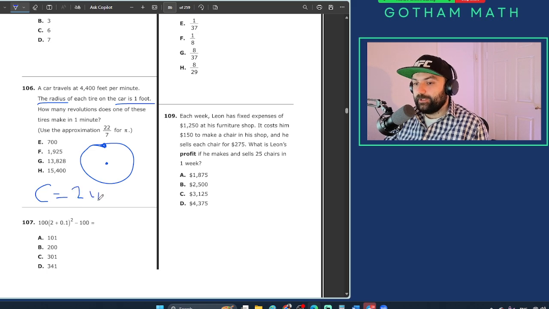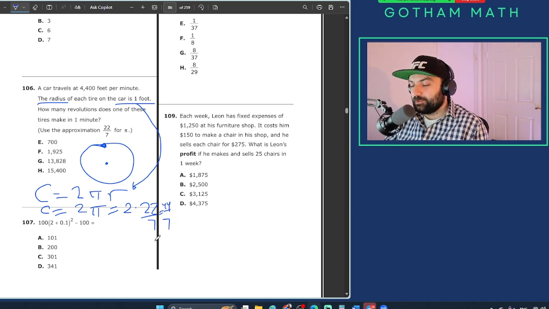So it's 2 pi r. For r, we use 1. C equals 2 pi times 1, which is just 2 pi. Now we're going to use 22 over 7 for pi. So 2 times 22 over 7, which is 44 over 7.